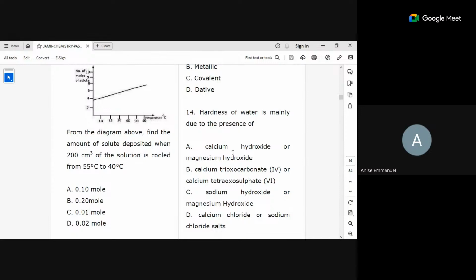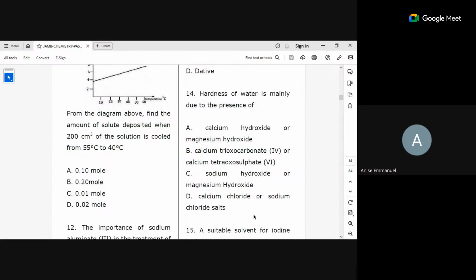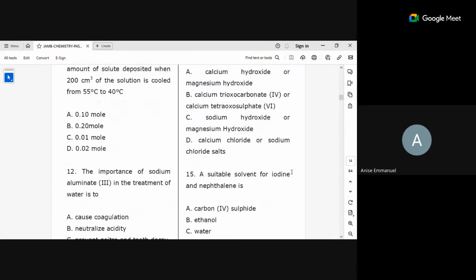But hydroxide will never. So B, calcium trioxocarbonate IV and calcium tetraoxosulphate VI. Good. Sodium hydroxide, no. Anything hydroxide, no. Sodium chloride, no. The answer is B, as I said earlier. Number 15.